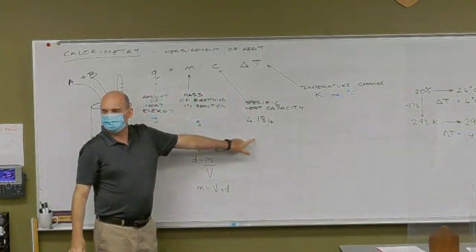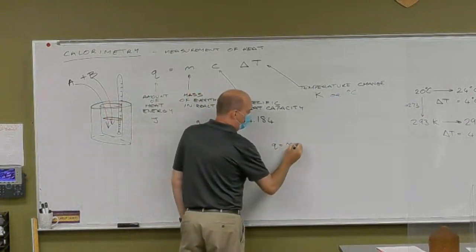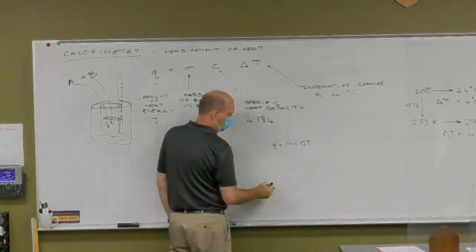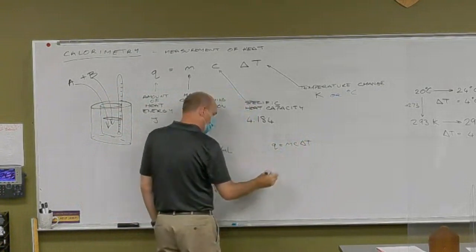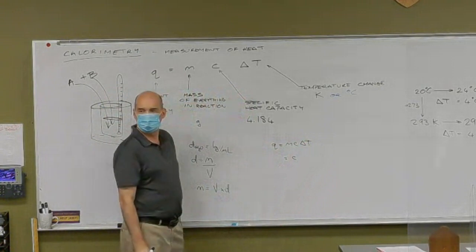What are the units for heat capacity? If Q equals mc delta T, and I want to know what C is equal to.